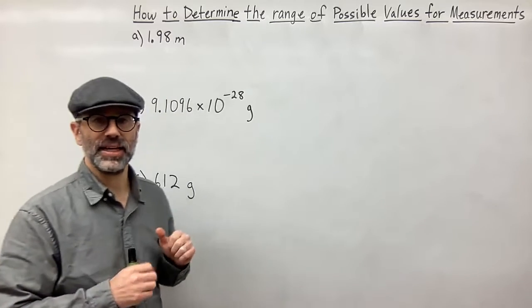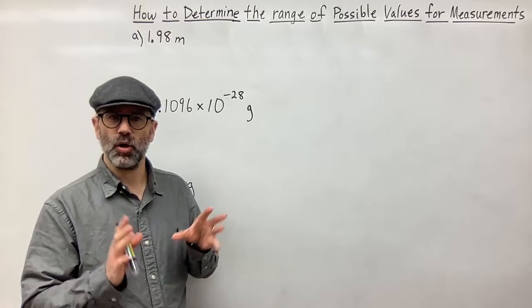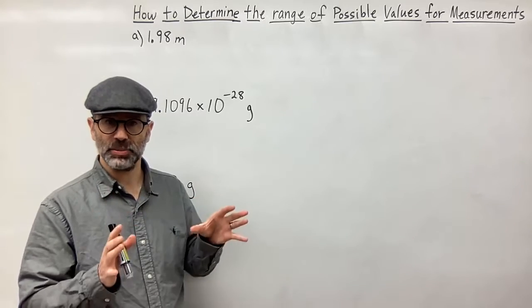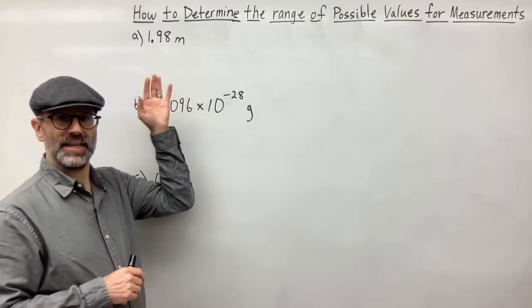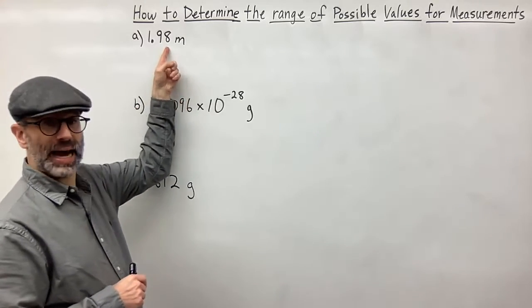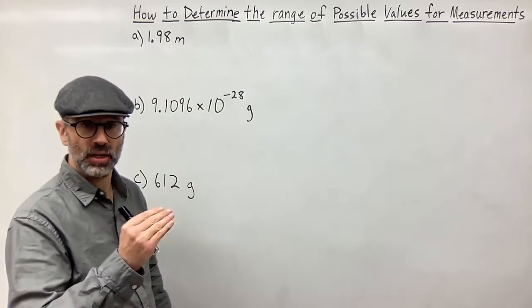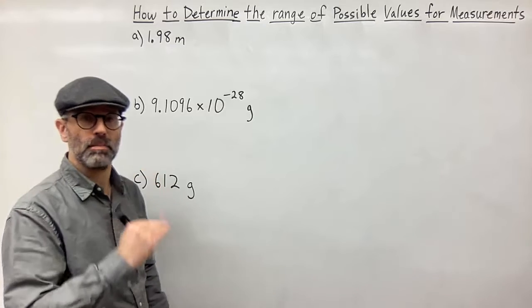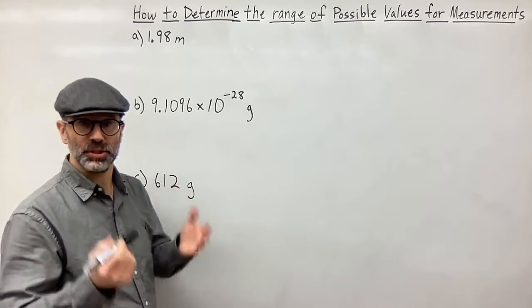So in this case, if we're not given any information about the uncertainty or precision of the measurement itself, then the assumption is that the uncertainty for this measurement is going to be in the last digit, plus or minus one. So it's either going to be plus one in that last digit or minus one in that last digit. And so that's the precision.